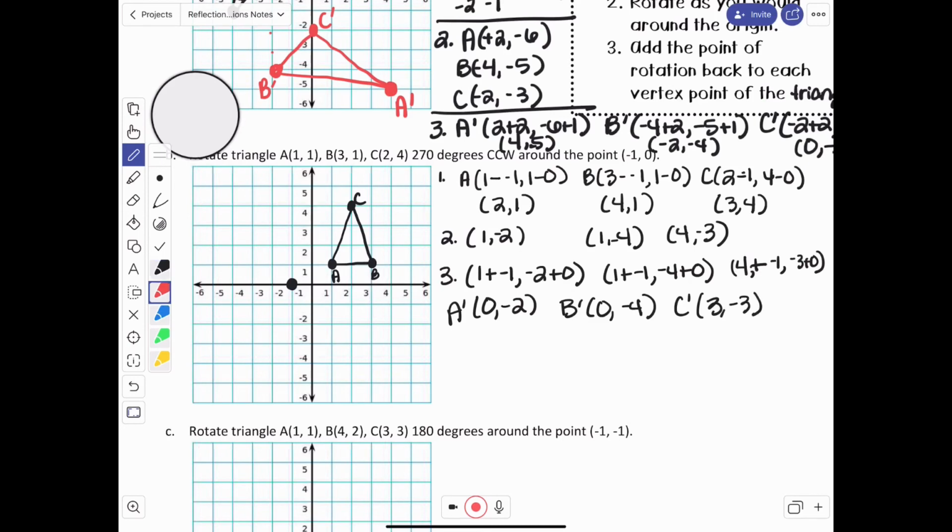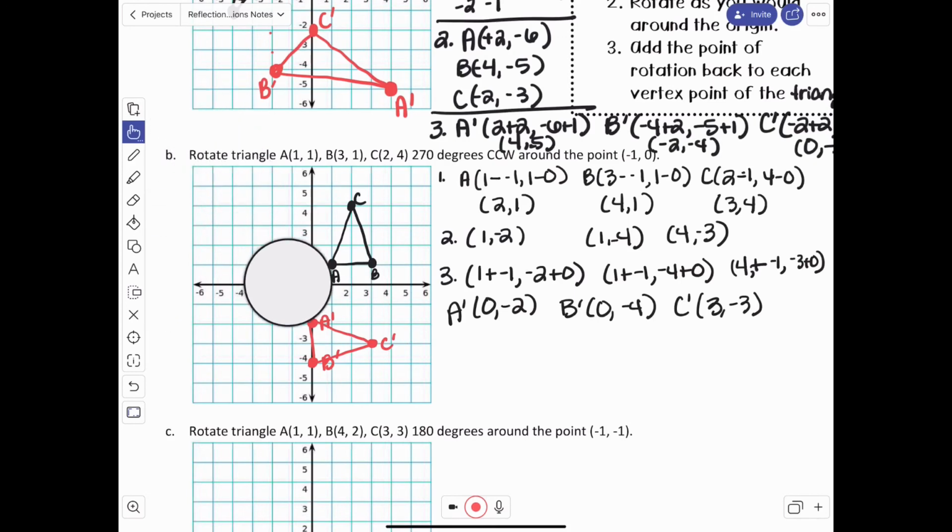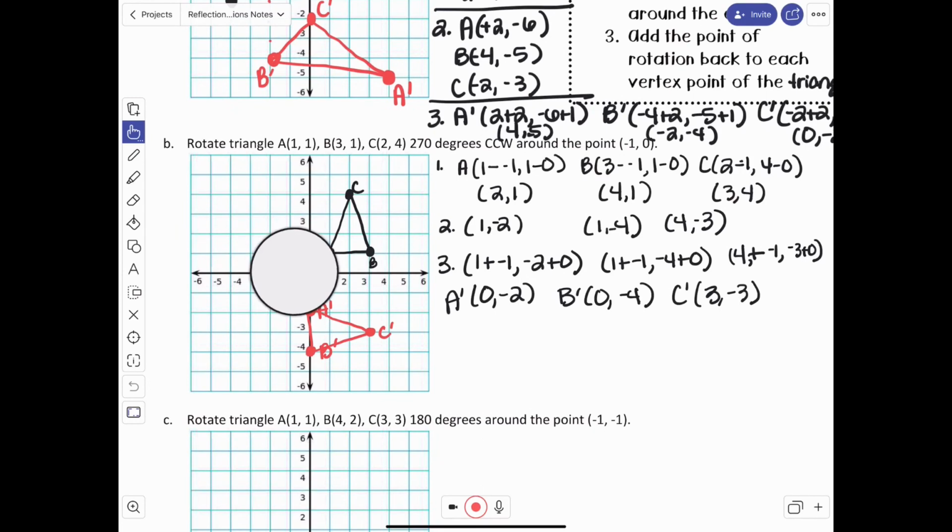So if we plot this, 0, negative 2, 0, negative 4, and 3, negative 3. Okay. So if we were to put our circle there, of course it's a little bit smaller. You can see how it's rotated around that.